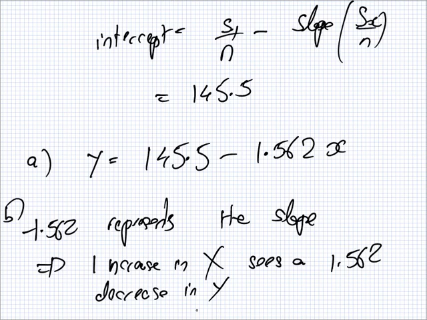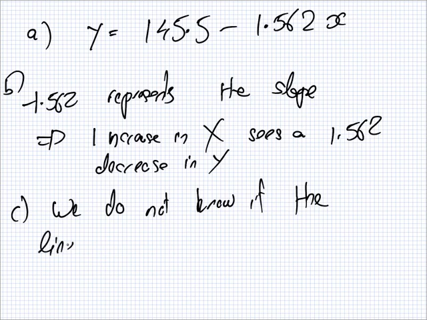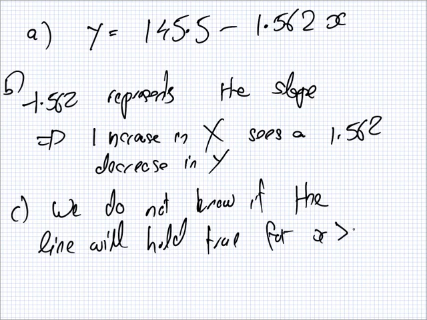So we don't have enough information to know if we are justified in going to 140. In other words, we don't know the behavior this far away. One thing you could say is, we do not know if the line will hold true for x bigger than whatever the biggest number is, about 100.